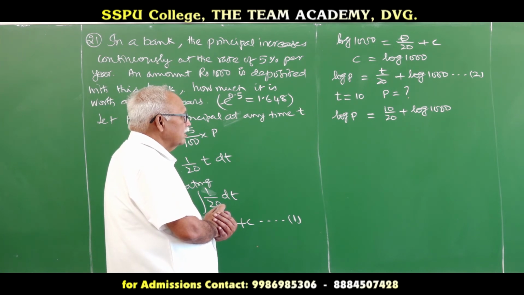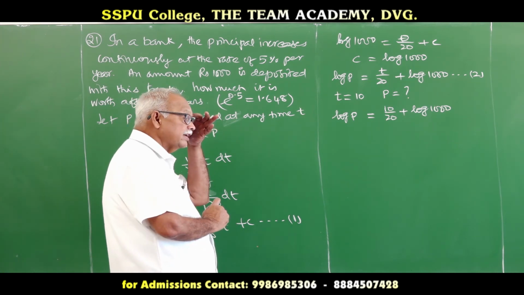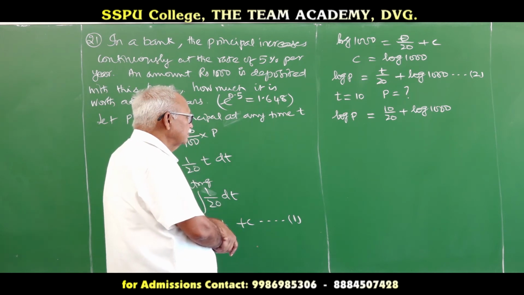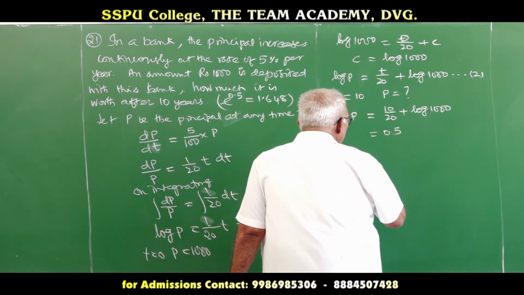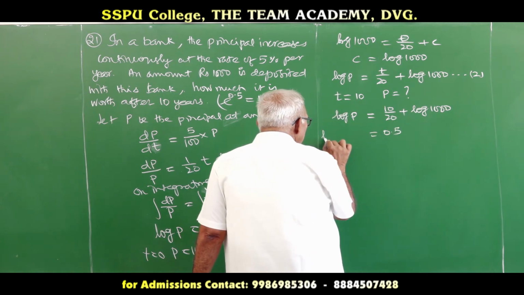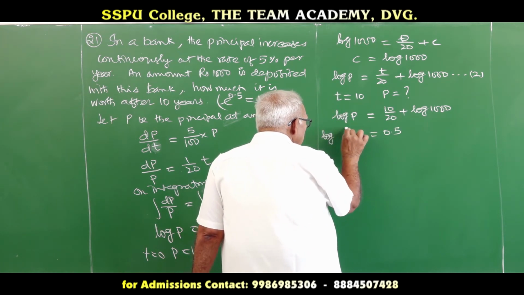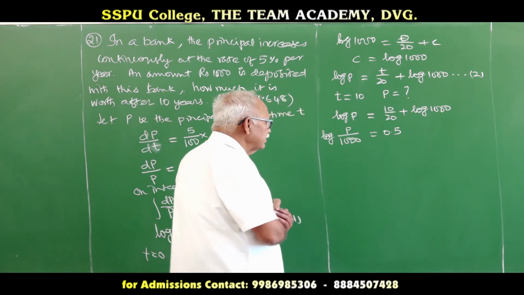So what is the calculation that we get here? This is log P minus log 1000. How do we get log P by 1000?